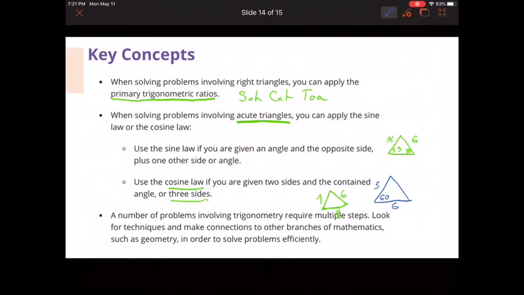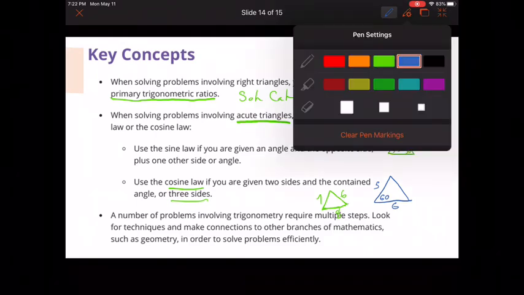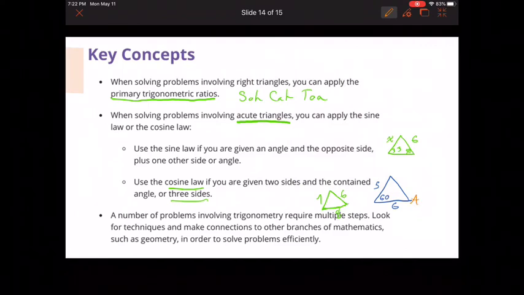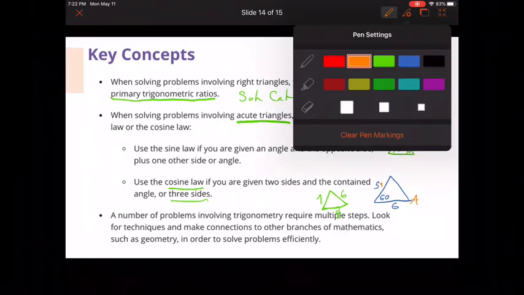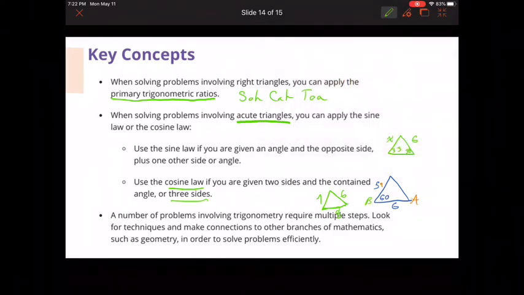So you don't have any opposites that you can use the sine law from. You've got one of each. So if this was A, you've got little a, but not big A. If this was B, you've got big B, but not little b. And if you're C, you've got little c, but not big C. So you've got one of each, then you're using cosine.